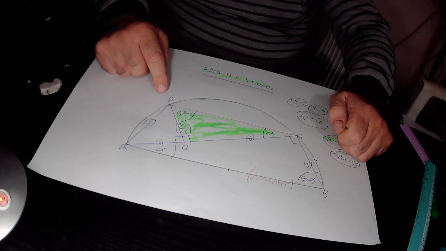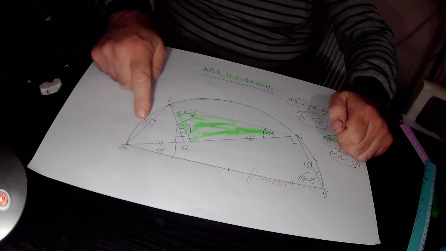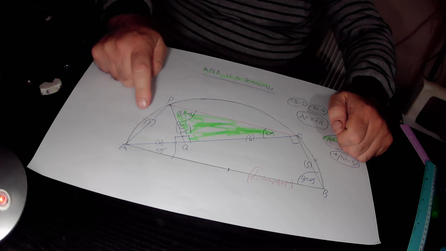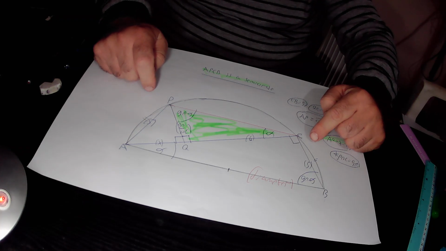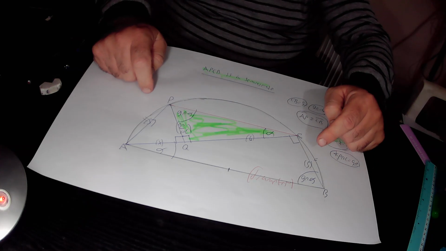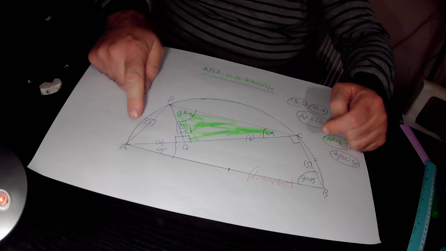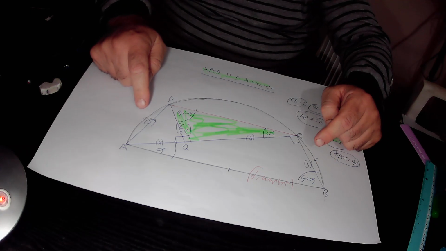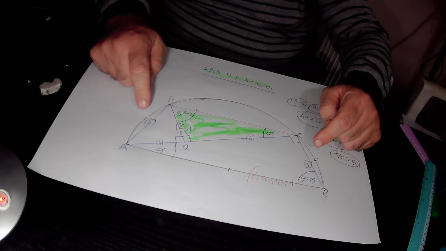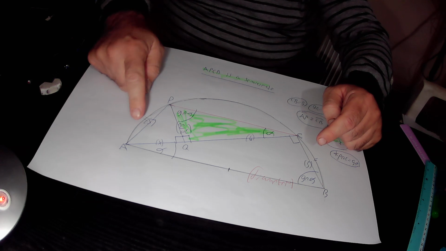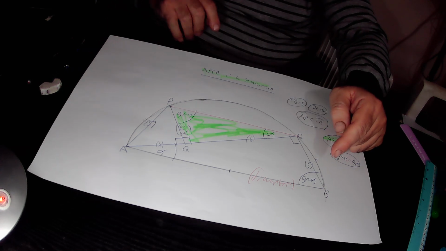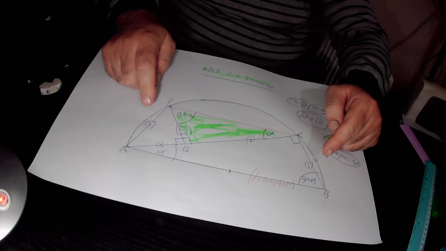The corresponding chord of arc PA is chord PA, and the corresponding chord of arc CB is chord CB. Therefore, because arc PA equals arc CB in length, their corresponding chords must also be equal to each other. That is to say, chord PA equals chord CB in length.